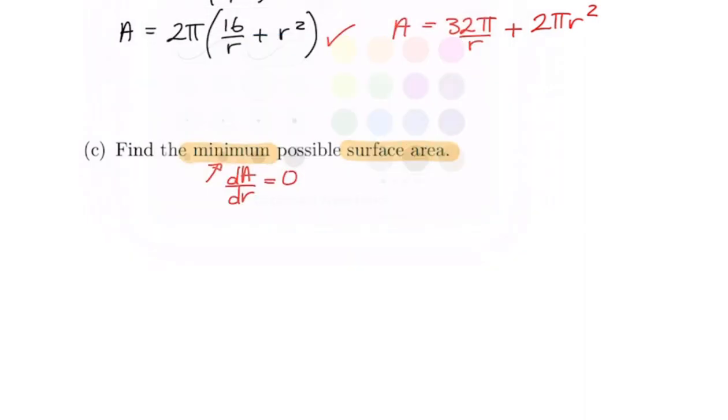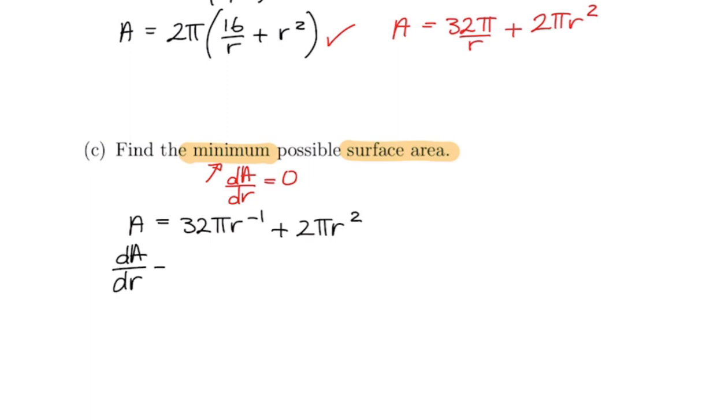So we're going to take A equals 32 pi r to the minus 1, that's from up there, plus 2 pi r squared, and we're going to differentiate it. dA/dr equals negative 32 pi r to the negative 2 plus 4 pi r.